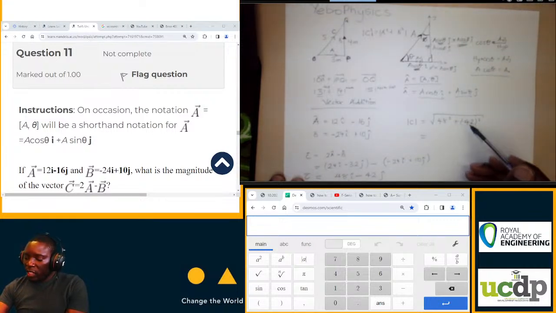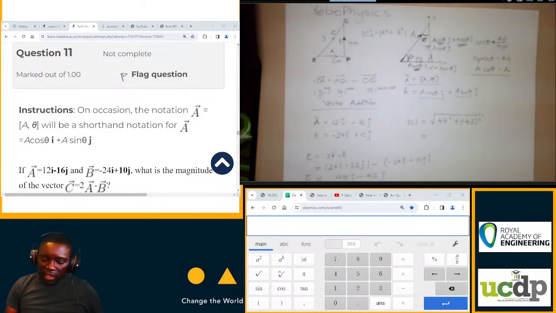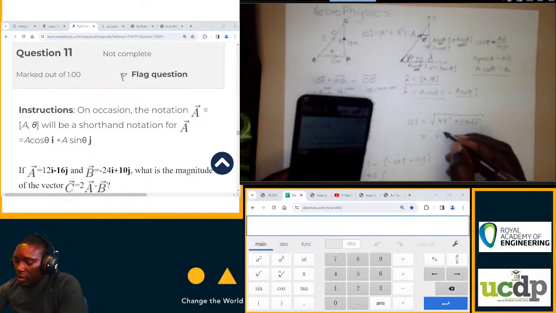So squaring 48 and adding it with the square of 42, then taking the square root gives us that magnitude. So that's the root of 48 squared plus 42 squared. So the negative 42 squared is the same as 42 squared. That gives us 63.8.